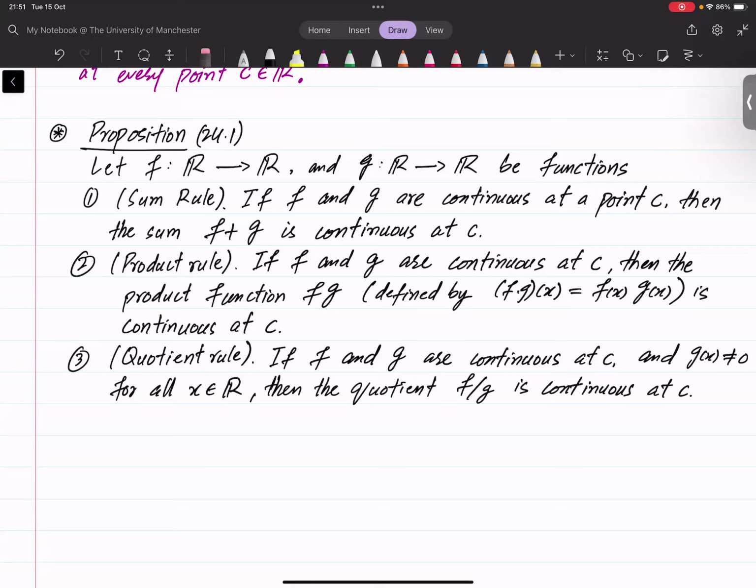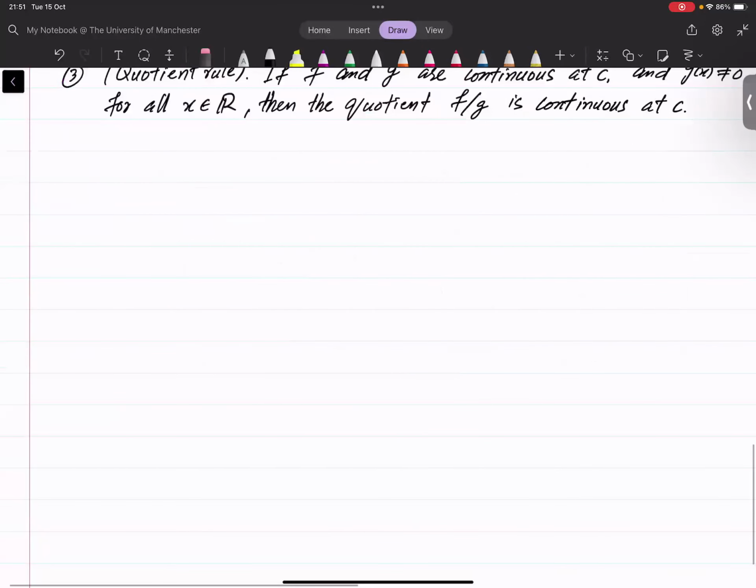So we'll leave the proof for the readers, and let's solve some examples.